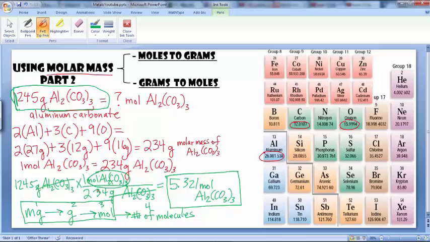So practice these two-step problems, and in the case where I threw a prefix in, practice those three-step problems.